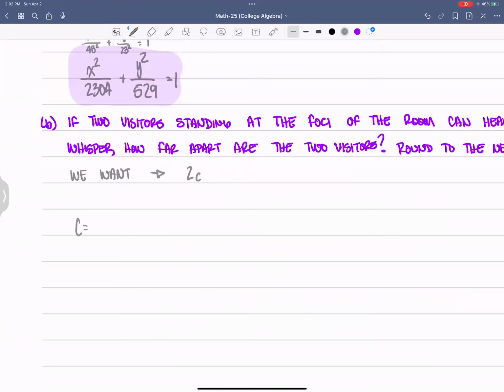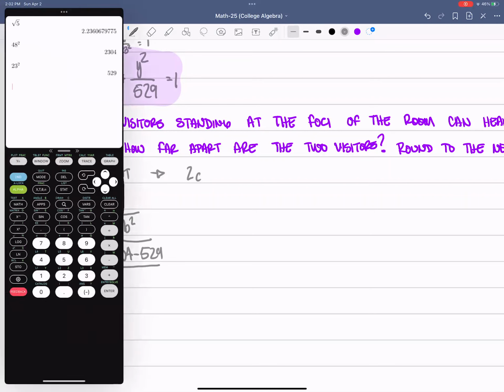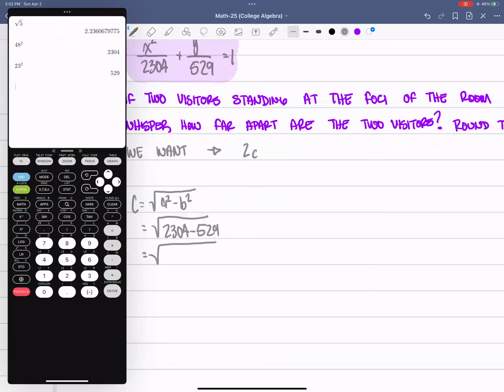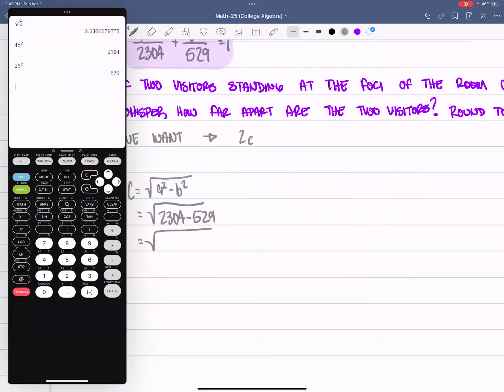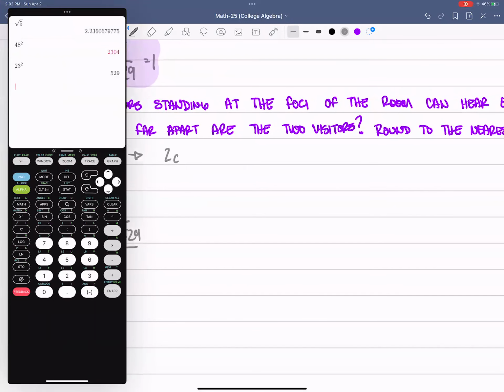We could figure out what c is. We just have c is equal to the square root of a squared minus b squared. So c in this case is the square root of 2304 minus 529. So that minus that.